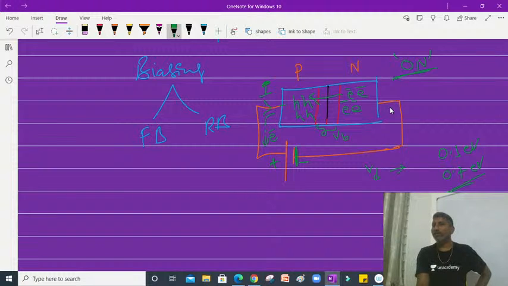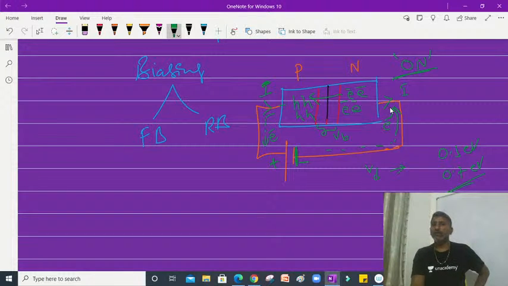Electrons are coming like this, so the direction of current will be opposite to the direction of electrons. Conventional current direction is always opposite to the direction of electron flow.